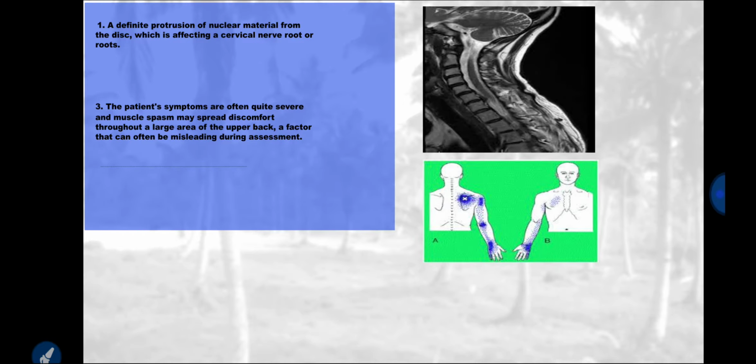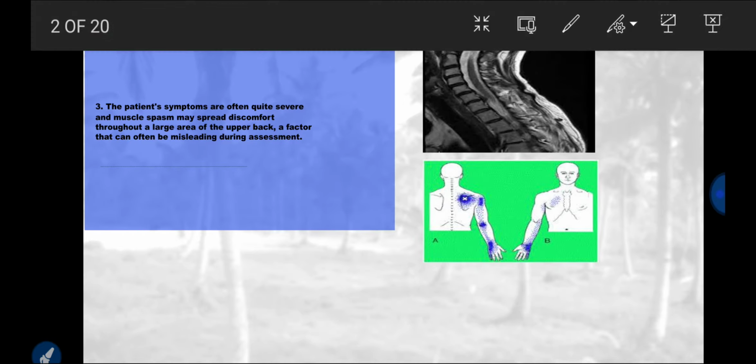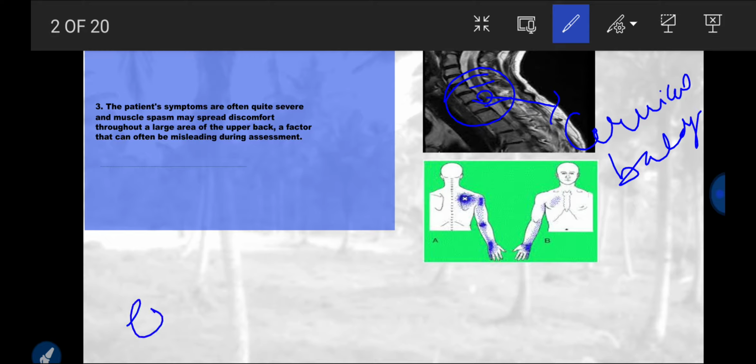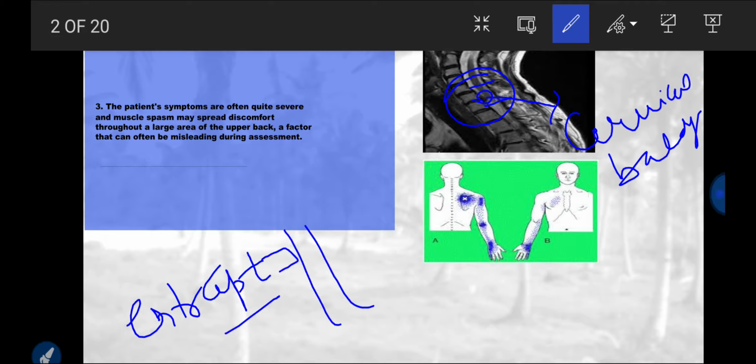You see this area here, mainly the cervical disc area, and this bulging may cause cervical bulging. It entraps the nerve root area. So here is the disc and here is the bulging.